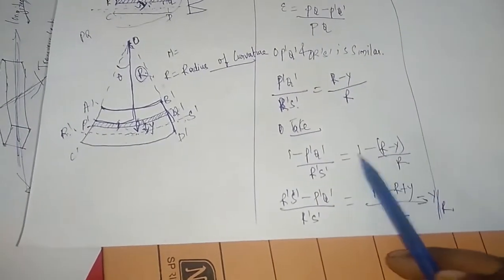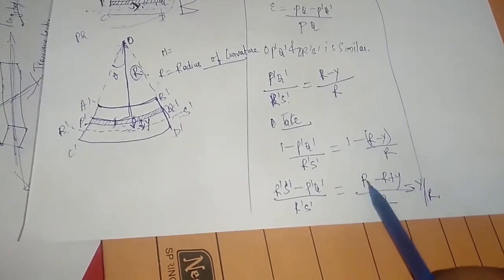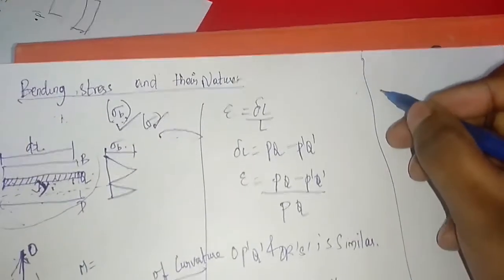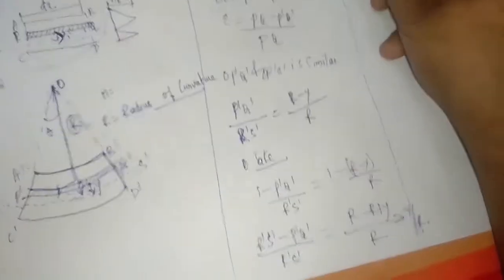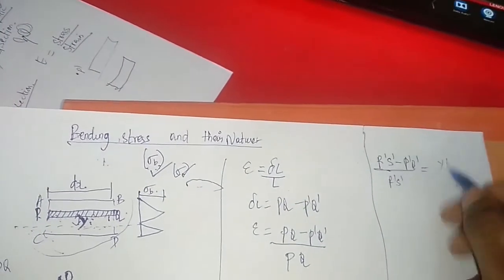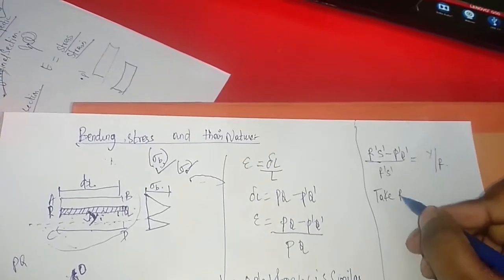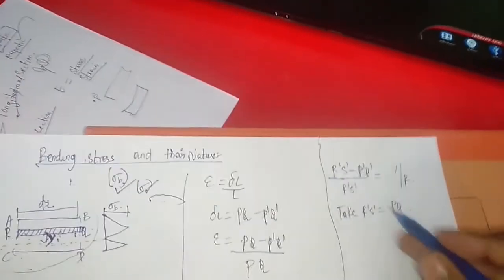See this equation, R minus R plus Y by R. R minus R will be 0, so Y by R. We can write: R dash S dash minus P dash Q dash divided by R dash S dash is equal to Y by R. Now we take R dash S dash equal to PQ, so substitute PQ in this equation.